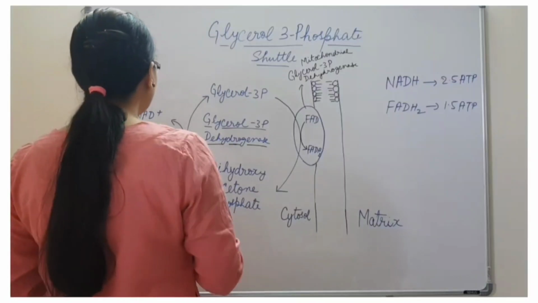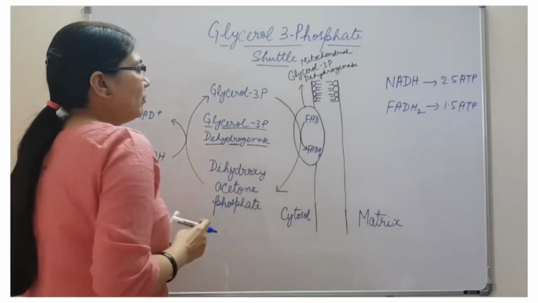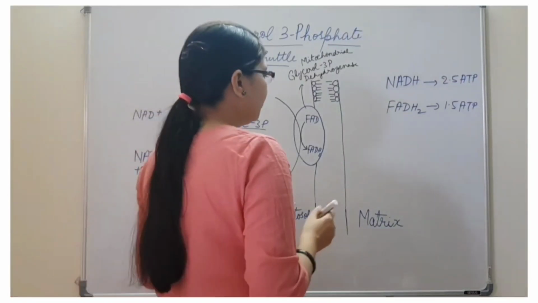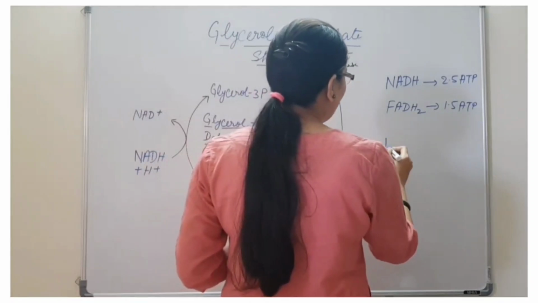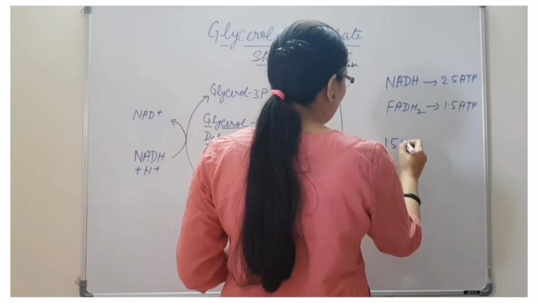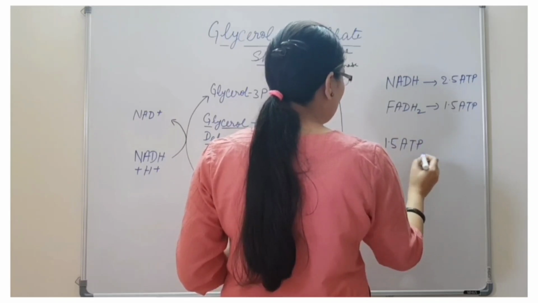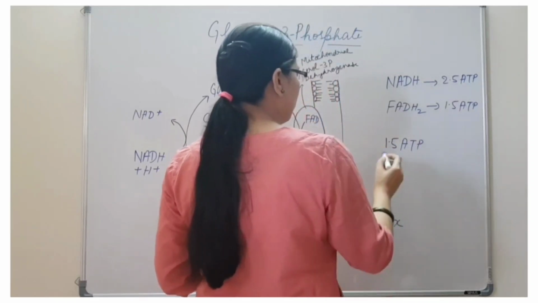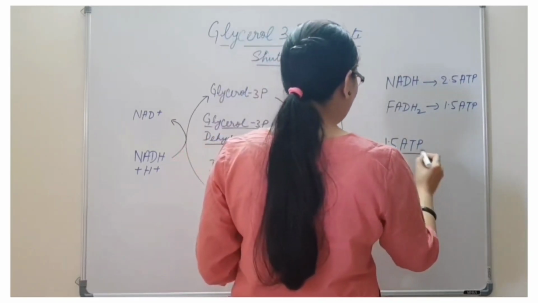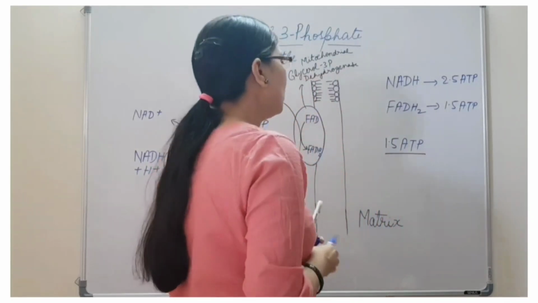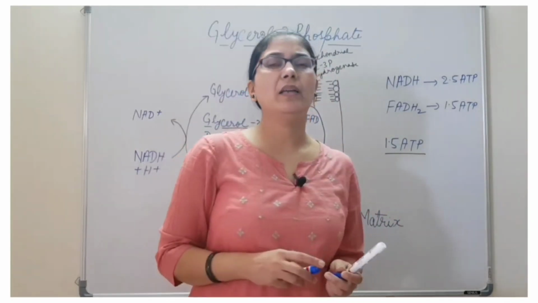Here the reducing equivalent of NADH is transferred to FAD. So we get 1.5 ATP molecules instead of 2.5 ATP molecules. So there is loss of 1 ATP molecule.